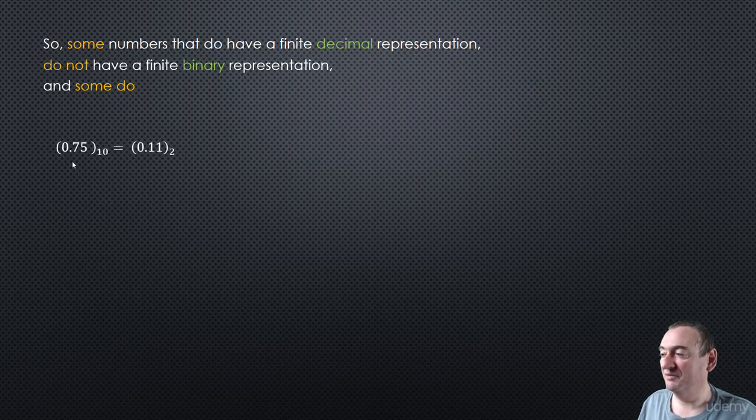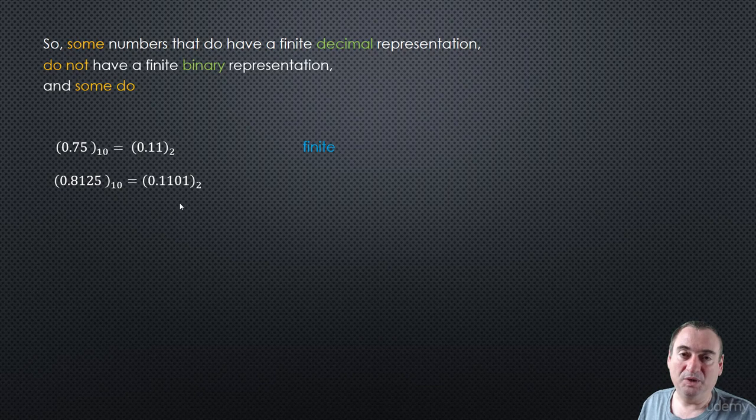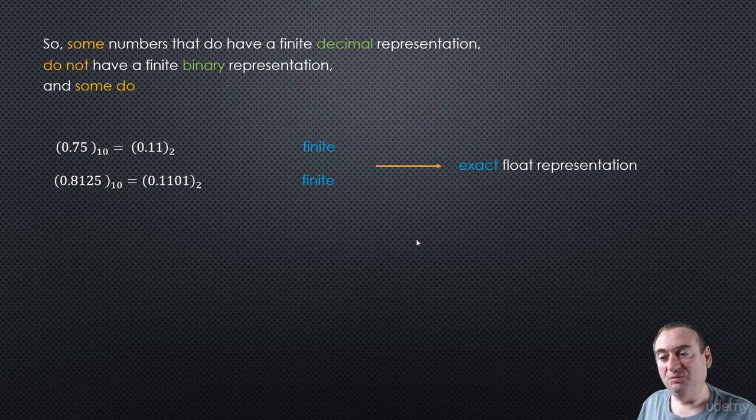So 0.75 base 10 was 0.11 base 2. Again, that's a finite representation. Same thing with 0.8125 in base 10. That has this binary representation, 0.1101. That's also finite.